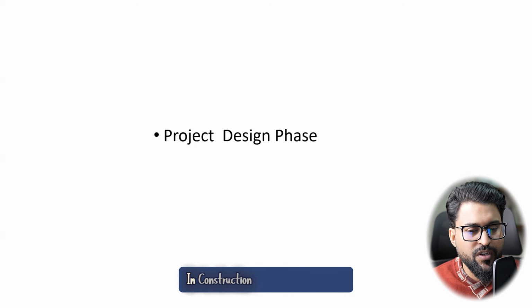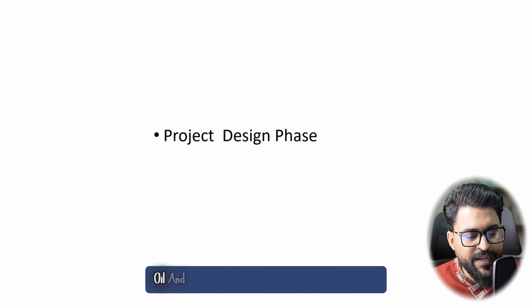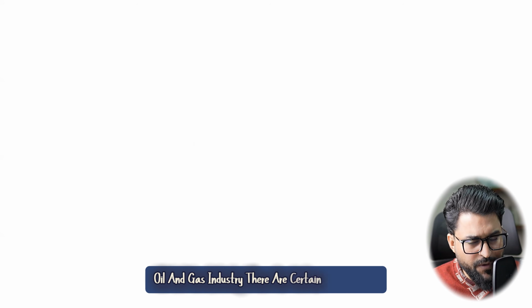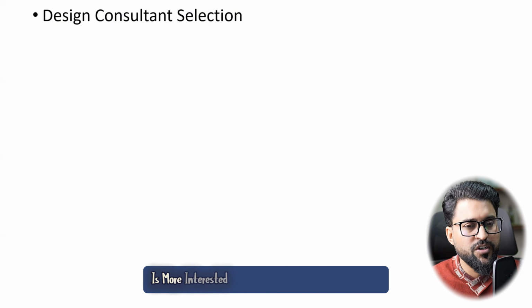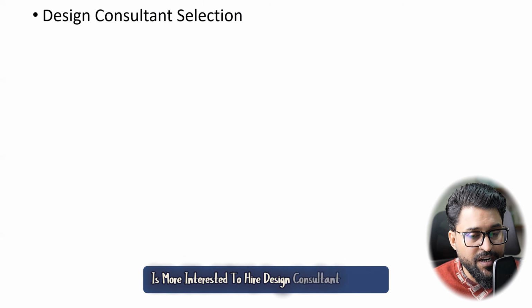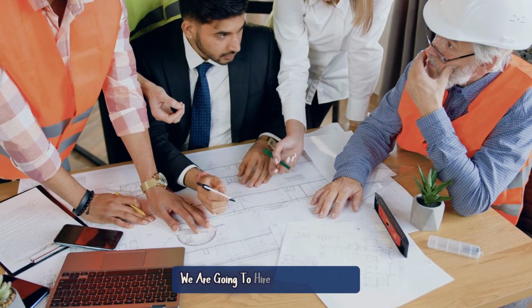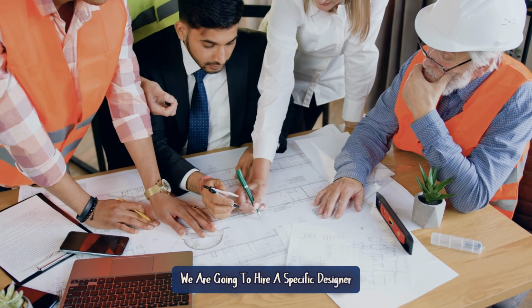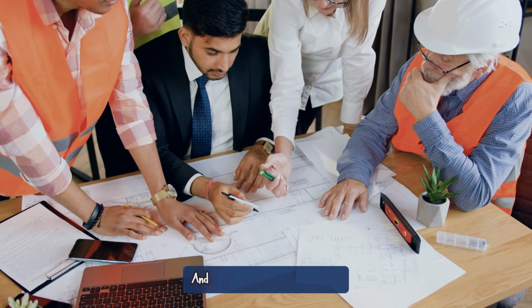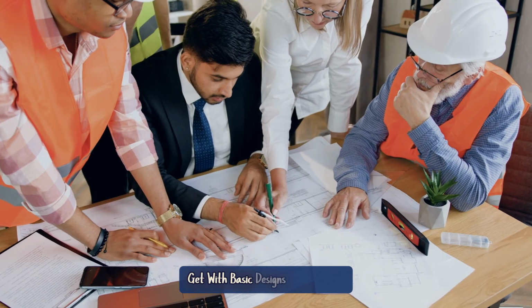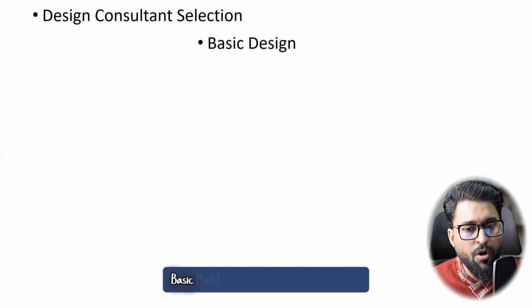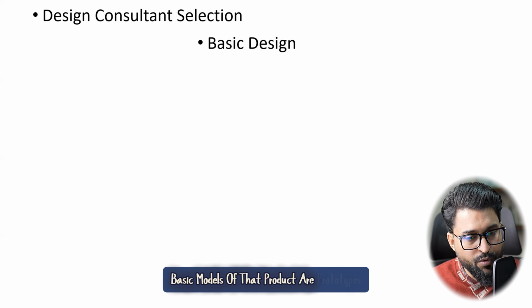So when I talk about project designing in the construction industry, EPC industry, oil and gas industry, there are certain phases, right? First of all, the client is interested in hiring a design consultant. They are going to hire a specific designer, like a consultant designer, and then this designer is going to come up with basic designs, basic layout, basic models of that product or prototypes.